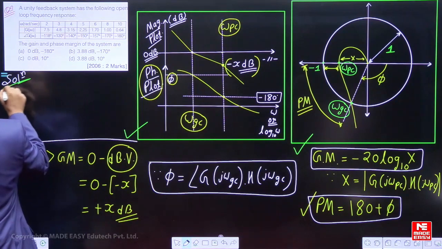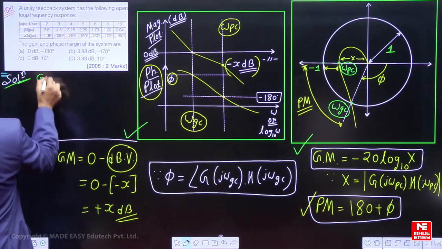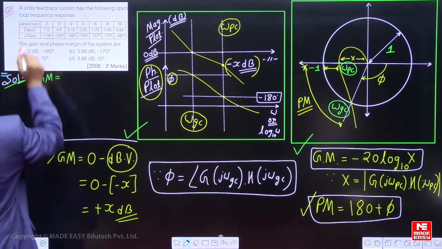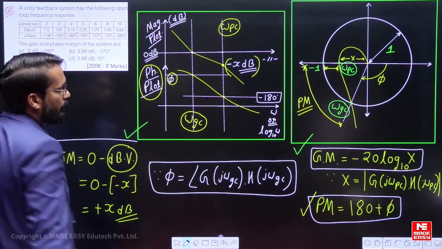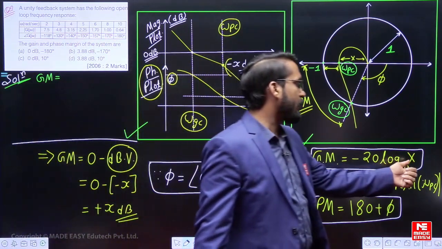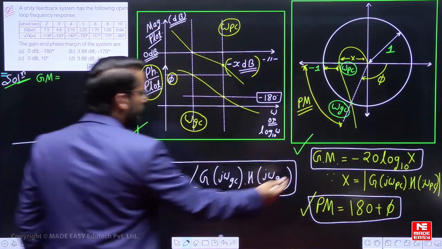First of all, I want to calculate the gain margin, and as the values are not in dB but in magnitude, the x we are going to get is in magnitude. So we will use this formula.